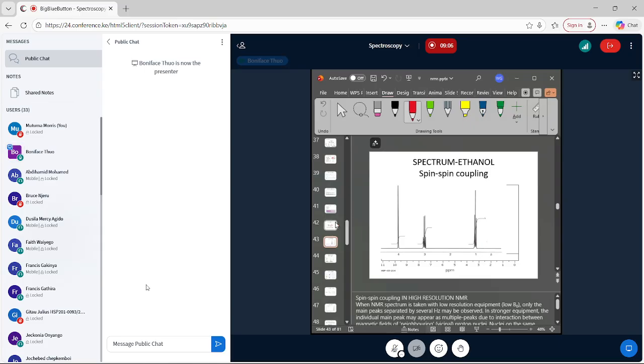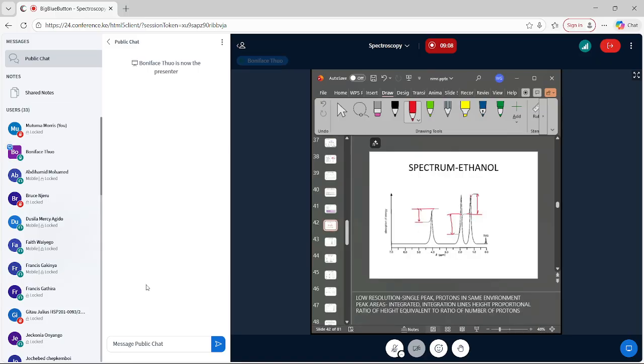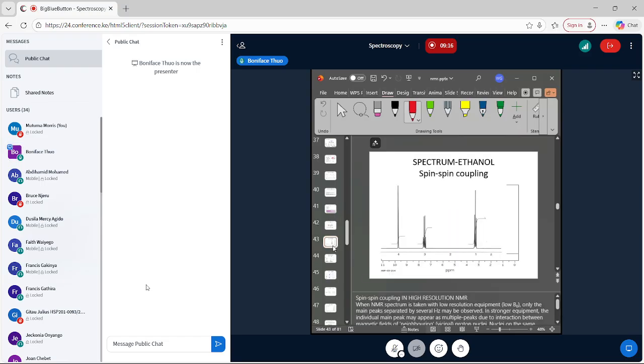In the previous spectrum, we just had a single peak corresponding to a chemical environment, but in the second spectrum we have a splitting of the single peaks in the same chemical environment into smaller subpeaks. This is as a result of what is known as spin-spin coupling.